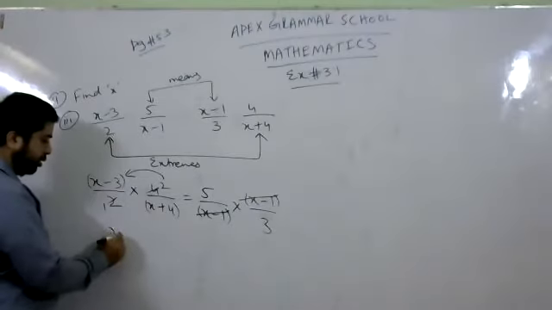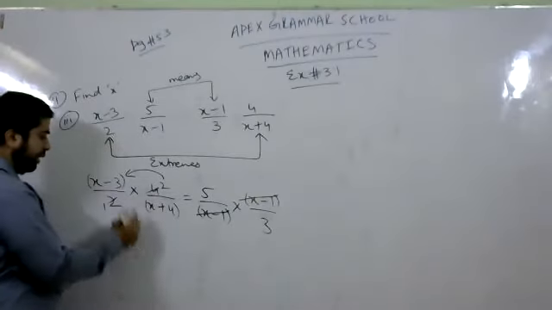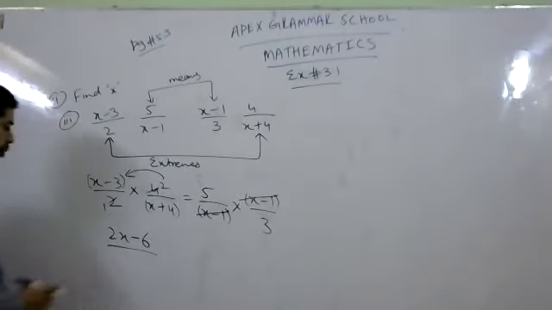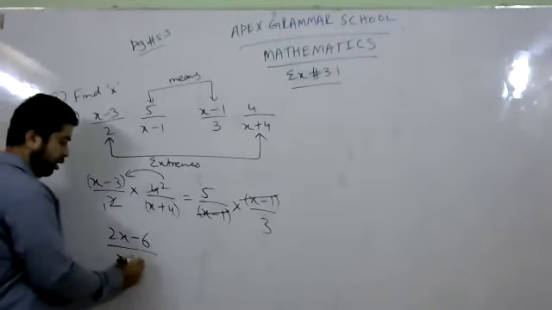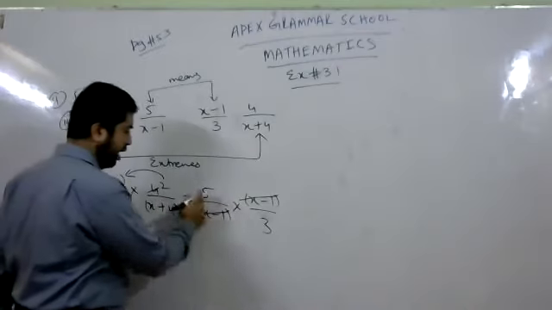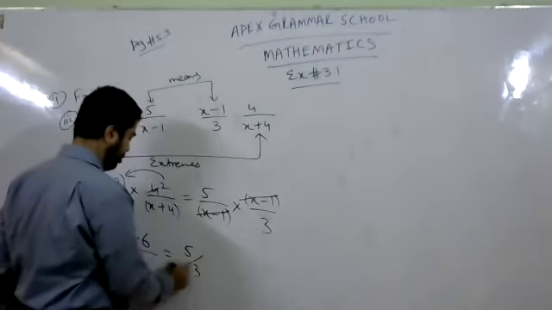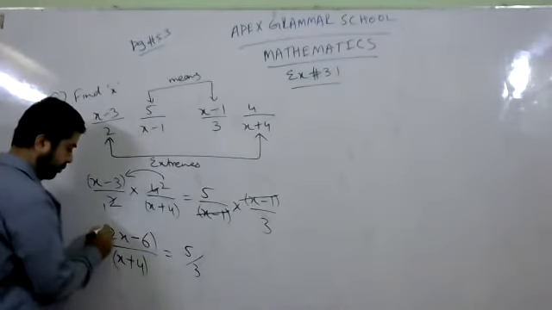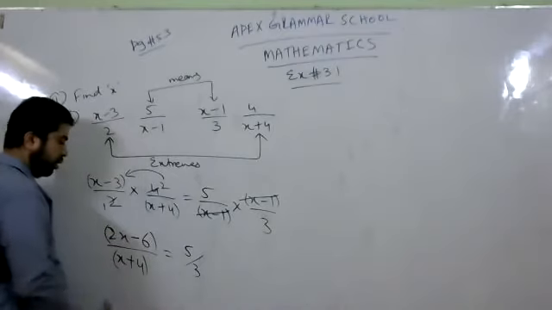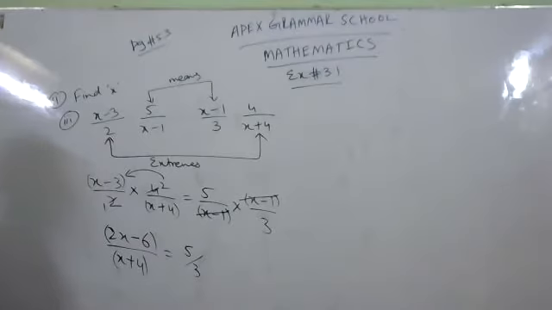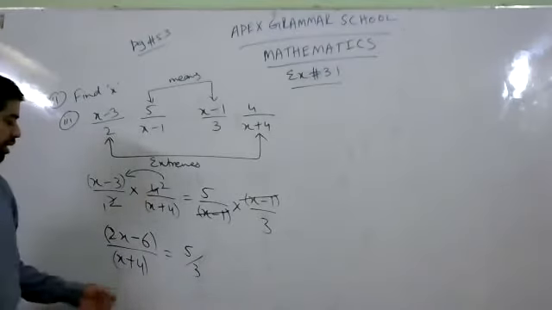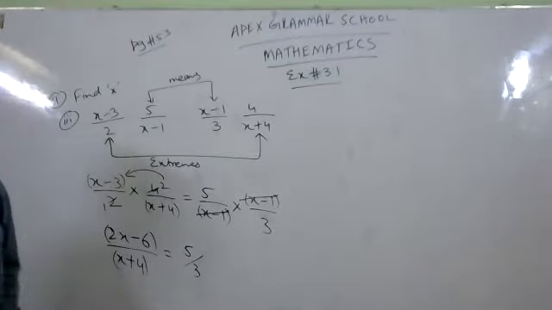2x minus 2 times 3 is 6. And in the denominator you have x plus 2, which is equal to 5 divided by 3. Now again, to find the value of x, between both of these fractions there is an equality sign.